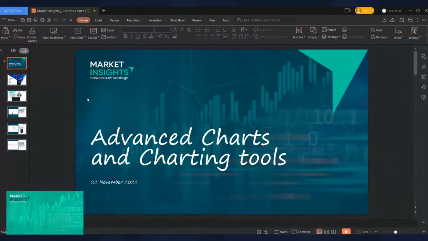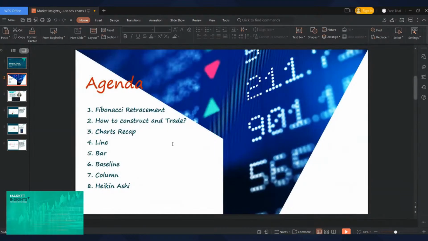So today's topic is obviously advanced charts and charting tools. There are a lot of charts which you can term as advanced charts. There is also the hollow candlestick pattern chart. That is also an advanced chart because it requires some brain to understand it.